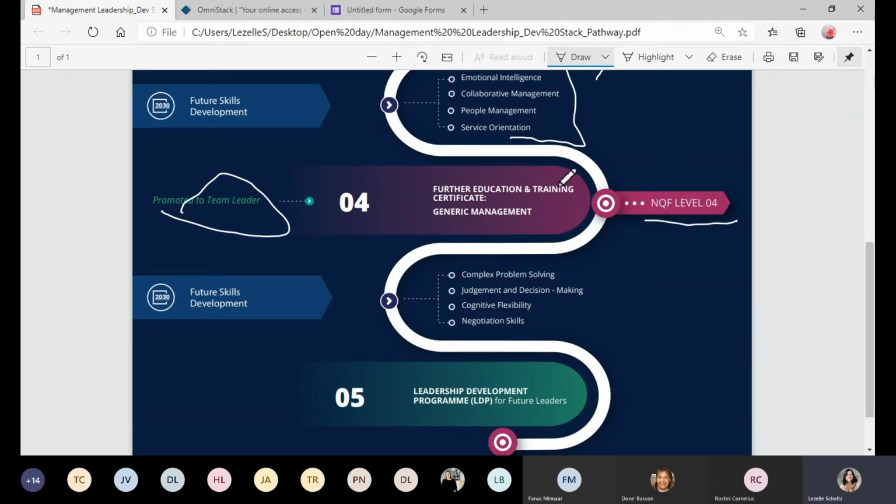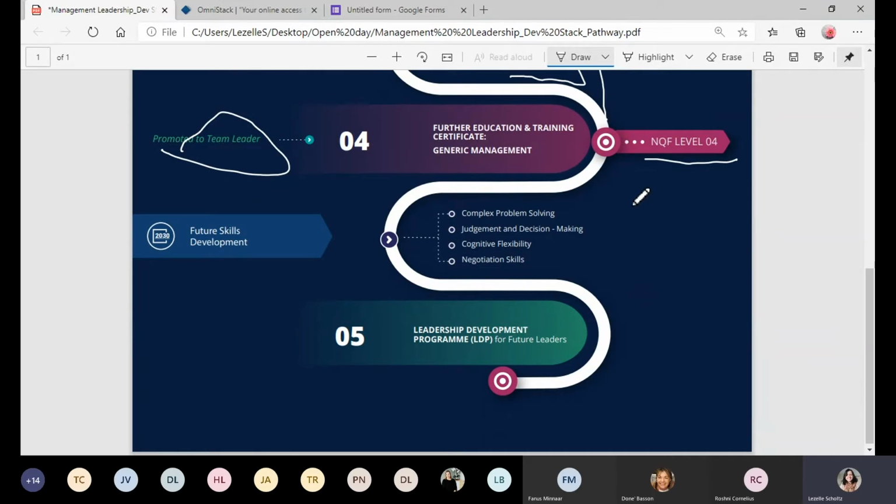Remember, if they have grade 9, they would have started out on an NQF level 2 with their first qualification, and we have now moved them on further in achieving an NQF level 4 qualification, which is our generic management qualification.